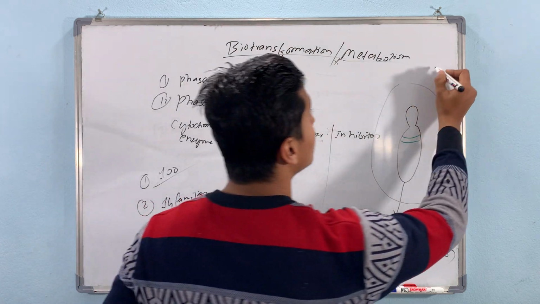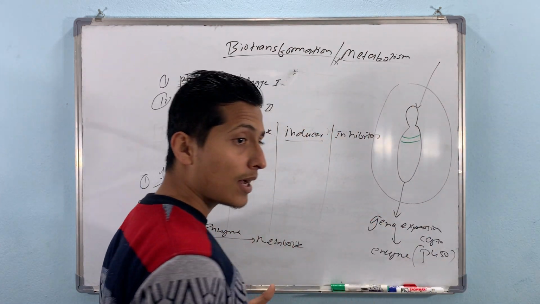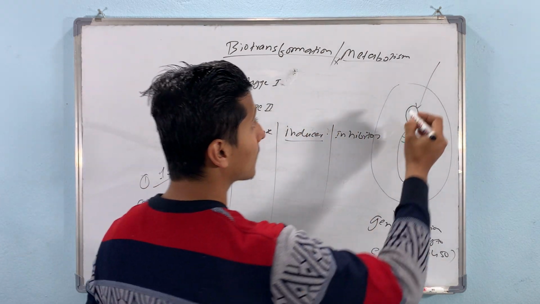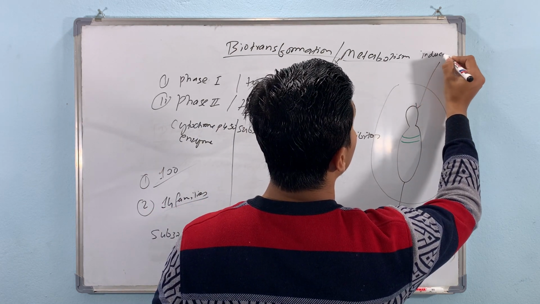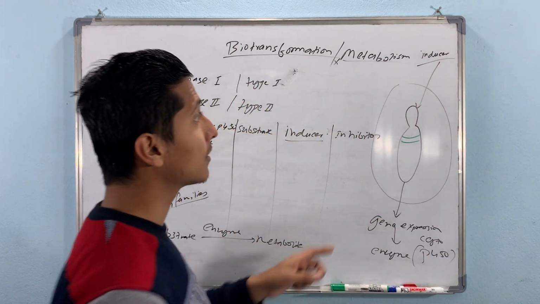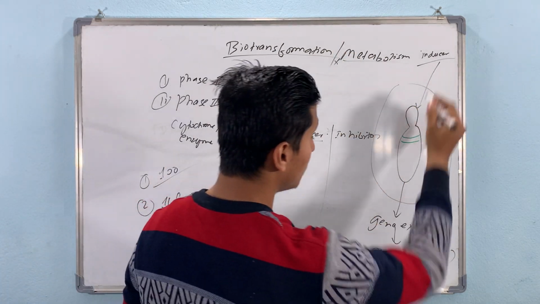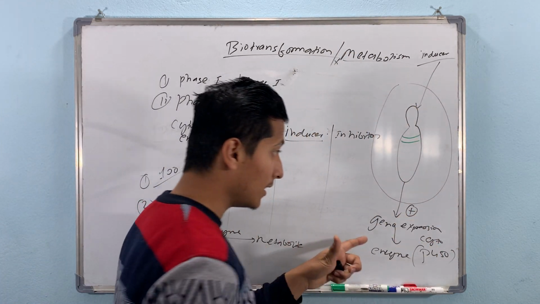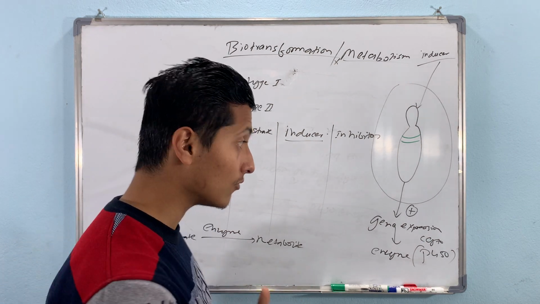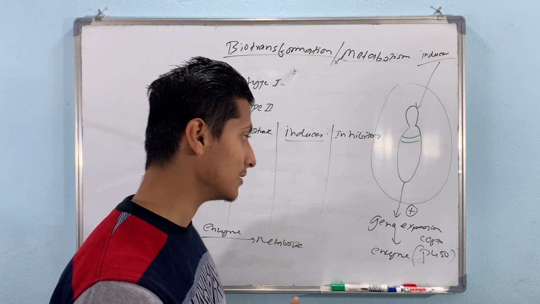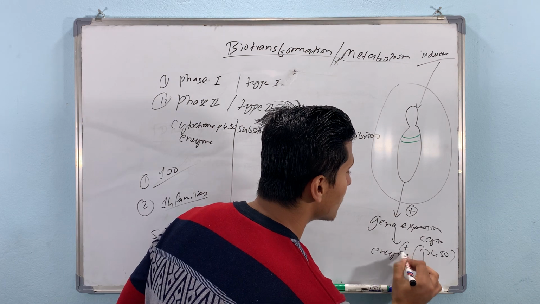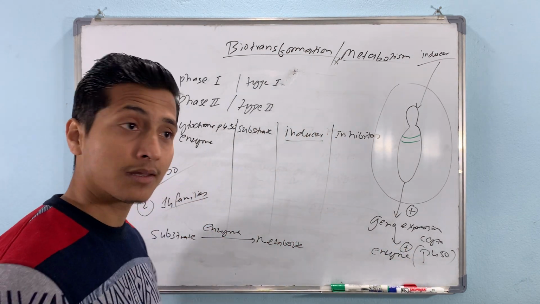Now, suppose you give an inducer to the patient. What the inducer does is, as the name suggests, it induces or increases the gene expression. When the gene expression is increased, more enzymes are formed, right?